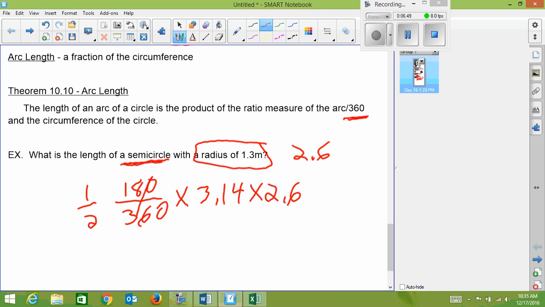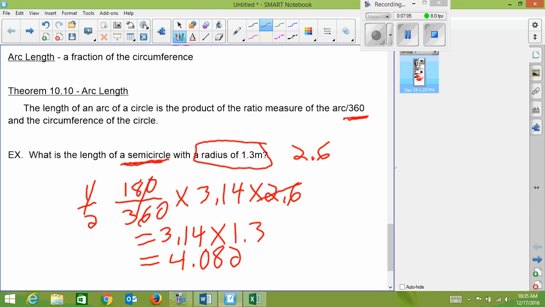I'm going to go ahead and take half of 2.6 again, just to simplify it. So 3.14 times my original 1.3, because I divided it by 2. Multiply that out, you get 4.082 meters. Again, not squared, because it's just one length. It's not like area or anything like that.